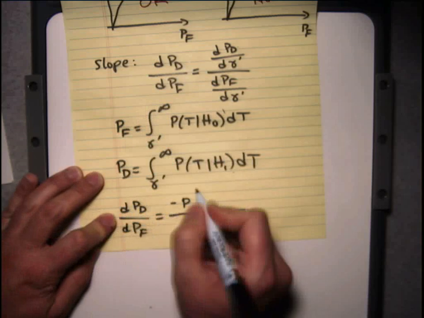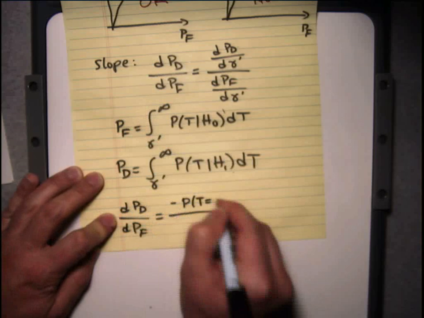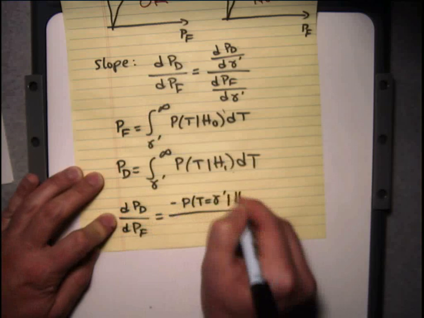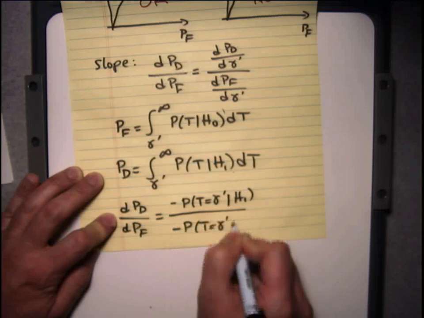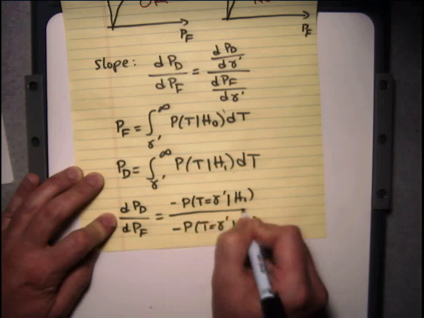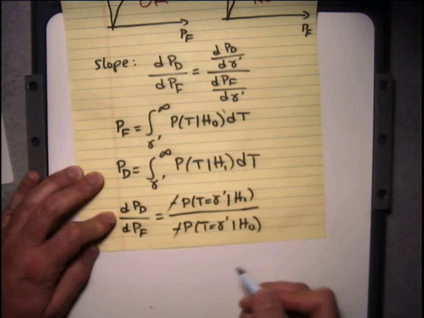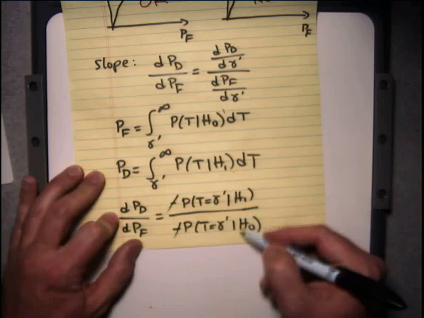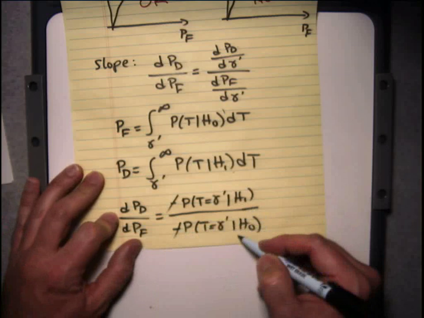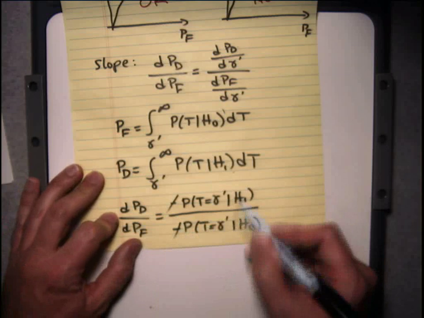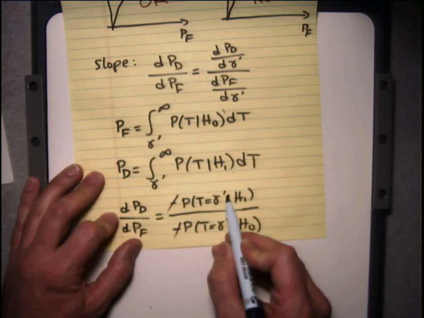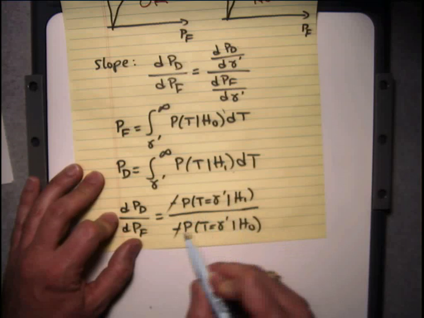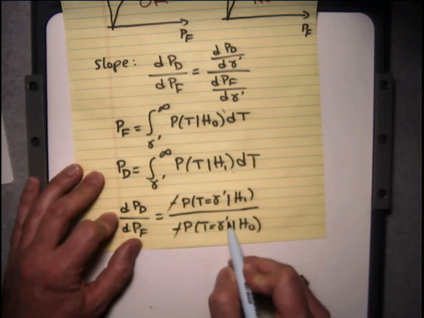minus p(t equals γ' given H1) divided by minus p(t equals γ' given H0). And this minus just cancels the minus. Now I have a ratio of two things. These two things are the PDF for t evaluated at γ' under H1 and the PDF of t evaluated at γ' given H0.